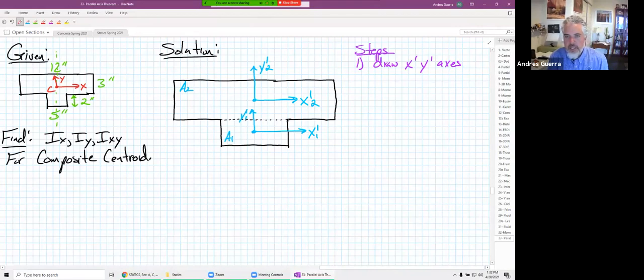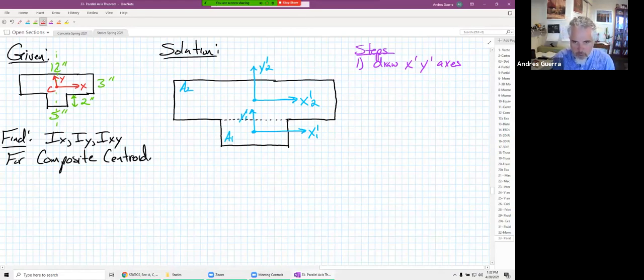Now the reason I like to start with that is because isn't our centroid of the composite going to be a weighted average of those two centroids? And so that means it has to fall somewhere in between those two centroids, right? It has to fall somewhere between the X prime 2 axis and the X prime 1 axis. And isn't it going to be closer to whichever one is bigger because it's the weighted average?